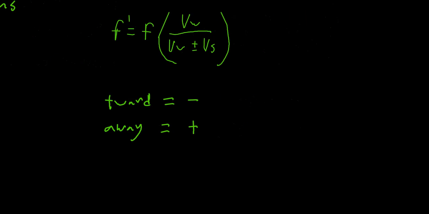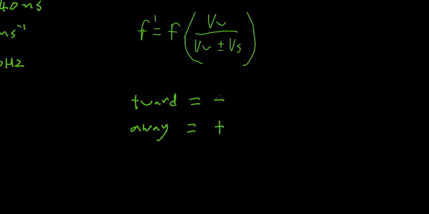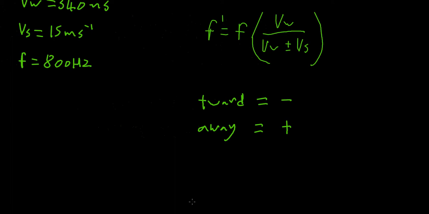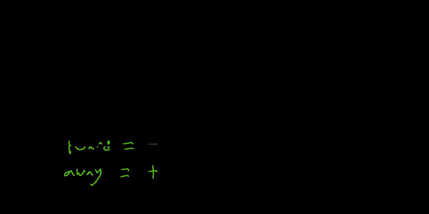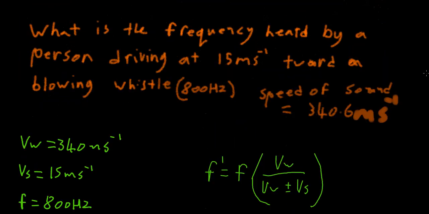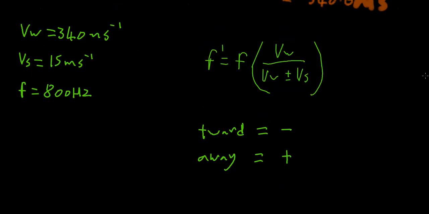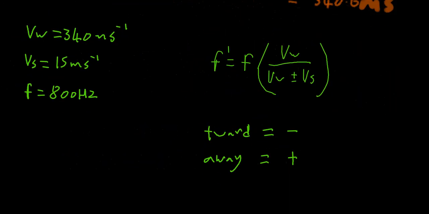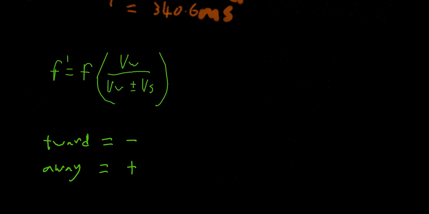The reason exactly for that is a little bit complicated, but you just need to know that the frequency is going to be higher if it's moving towards you, and the observer could expect a higher pitch, as with that sound of the car analogy that I just did.